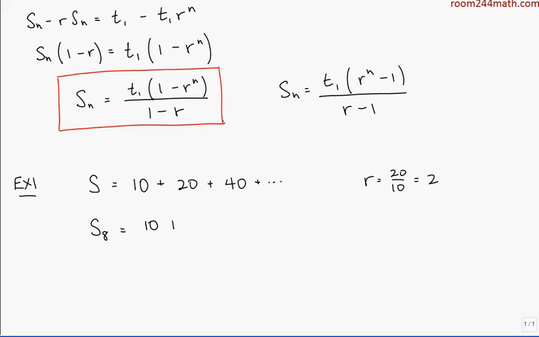So t1, the first term, is 10. 1 minus r to the n is 1 minus 2 to the power 8, all over 1 minus 2.